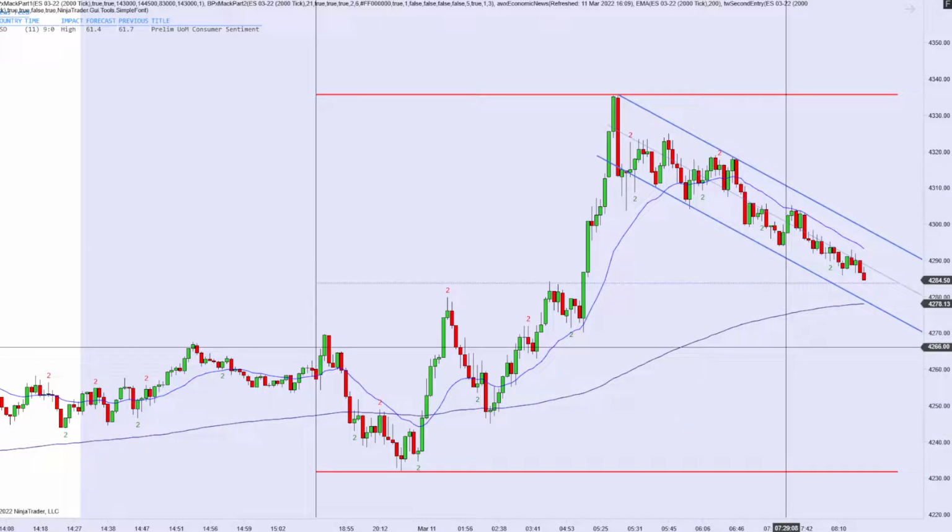Today, the initial part of the morning, I was trading the current March 2022 contract, and then as the day progressed, I started to see too much volatility, and I saw price action on the June contract look a little bit cleaner. I saw better setups, and so I ended up changing over to the June contract.